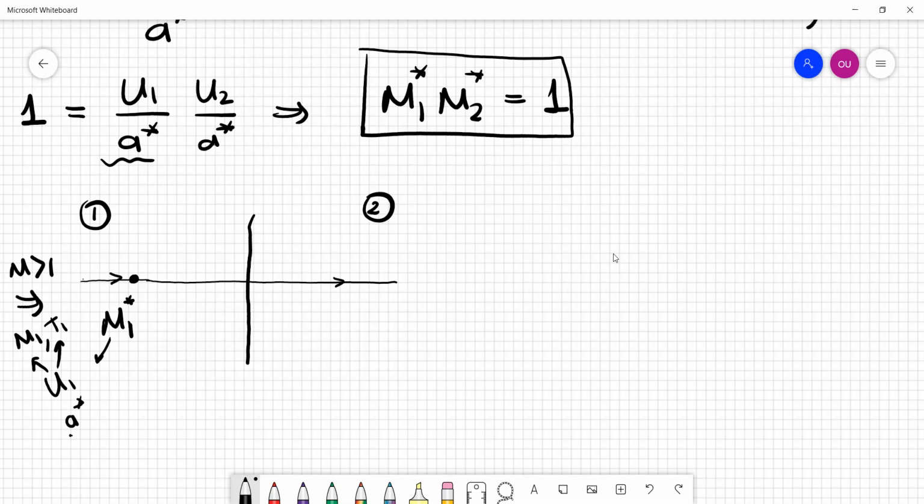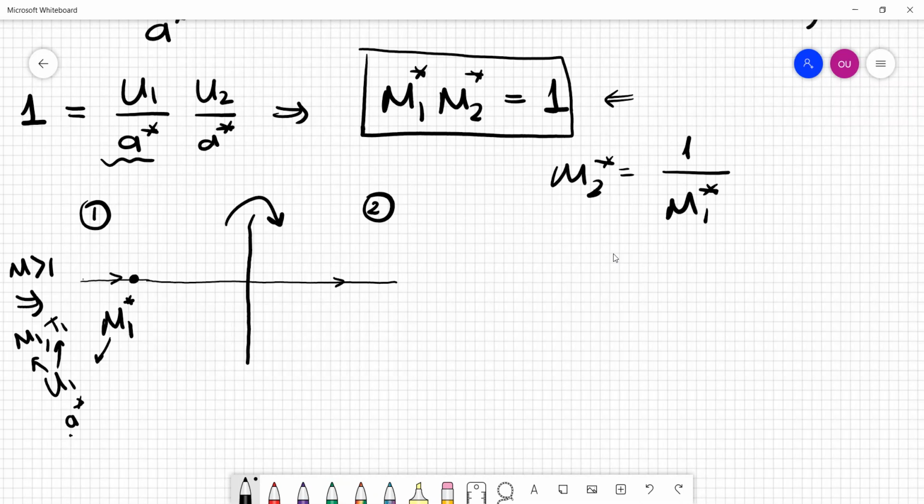Well, guess what? As soon as you have a number for M1 star, you do know the number for M2 star because of this relation here. M2 star will be simply 1 over M1 star. That's it. So we have a very solid and very simple equation that relates the upstream of the shock wave gas properties to the downstream of the shock wave gas properties.